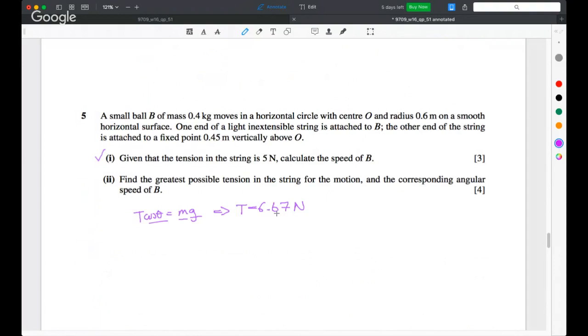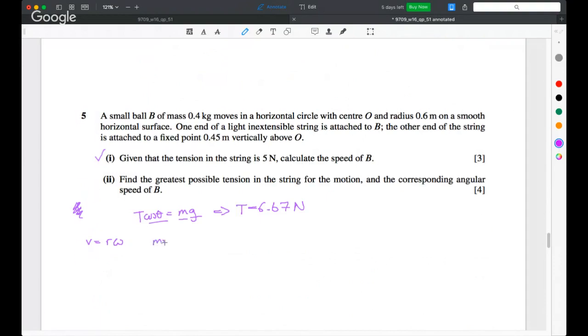And then they ask us for the corresponding angular speed. So this is omega. Now, we know that r omega, v, the tangential velocity of an object in rotational motion is equal to the radius times the angular speed, which is often called the angular frequency, but is not really the frequency. So forget about it.